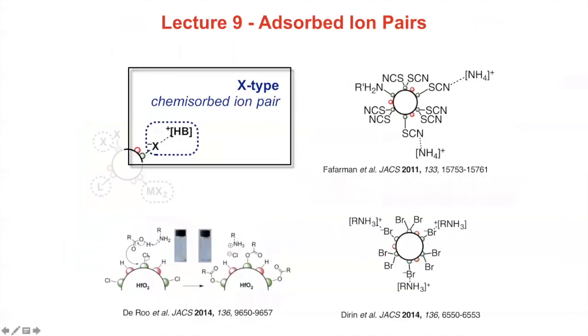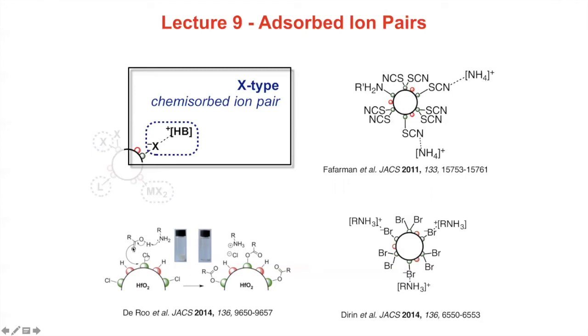Okay, so let's change gears here and talk a little bit about adsorbed ion pairs. There are many examples of this type of thing in the literature. Here's an ammonium thiocyanate coordinated to a particle, or an ammonium halide. There are also cases where the addition of bases, primary amines being a common one, to an underlying surface can result in deprotonation chemistry.